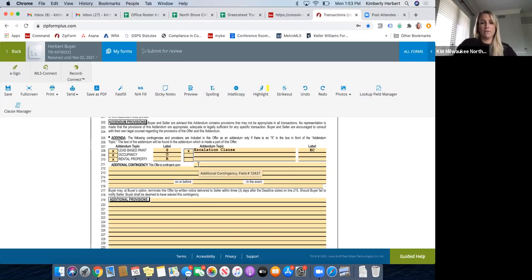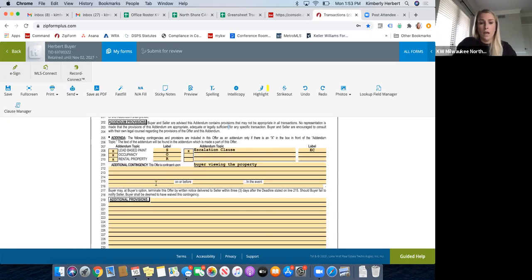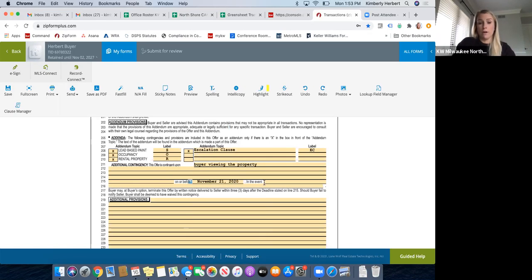Here's an example of one I've seen. Maybe the buyer lives in San Francisco and they're writing the offer sight unseen, but they're flying in this weekend and they want to see it. So maybe they want to make it contingent upon them seeing the property. You would insert: this offer is contingent upon buyer viewing the property on or before, and then you give a deadline, say November 21st.